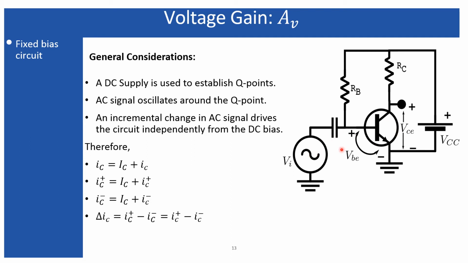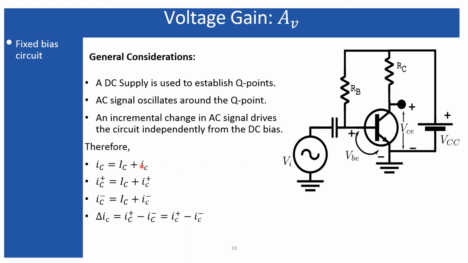Now, before going to discuss the application part, let's consider that a differential change appears within the input signal, and obviously since I have applied an AC signal, there will always be a differential change around the Q point. The differential change is changing the operating point around the DC Q point, as I have already explained using my animation in my earlier slides.